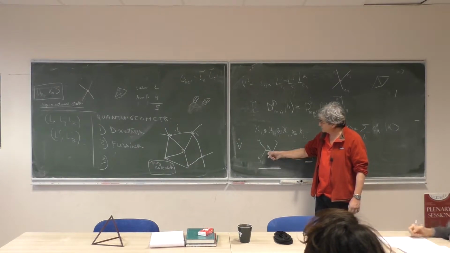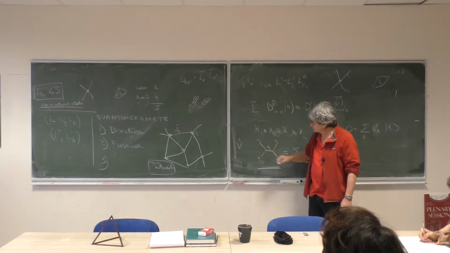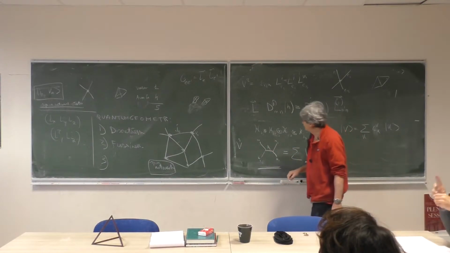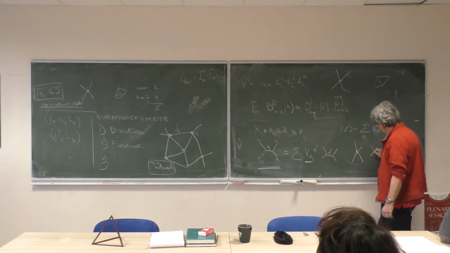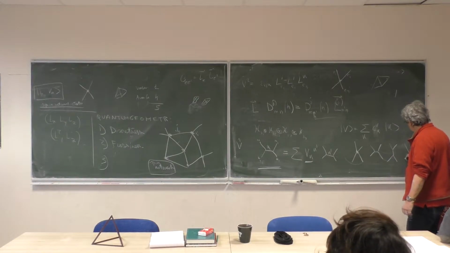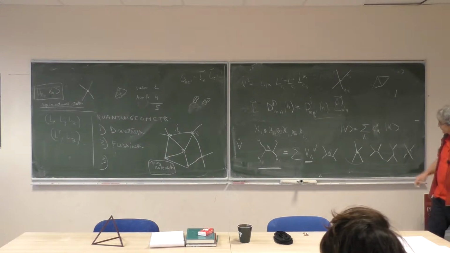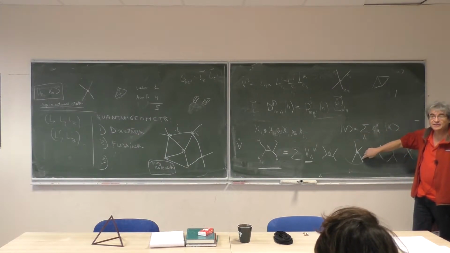So this basis is convenient for calculations. It is not unique in the sense that if you have a four-valent intertwiner, you can split it this way, or you can split it this way. So you can pair this with this, with this.